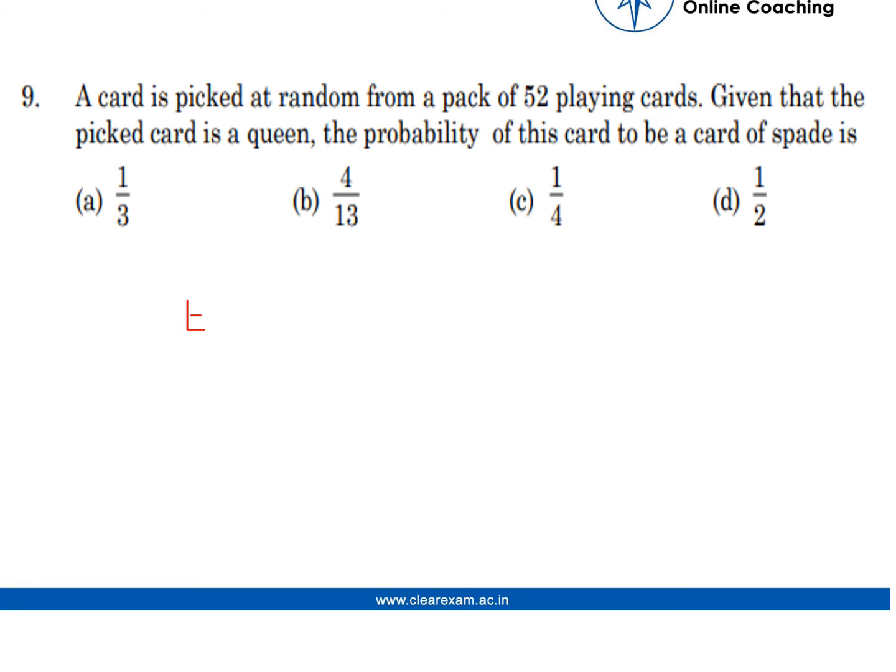E will be the case in which we are going to pick the queen, and the other case will be that we pick a spade card.